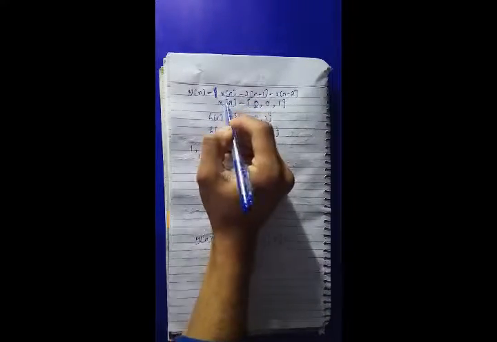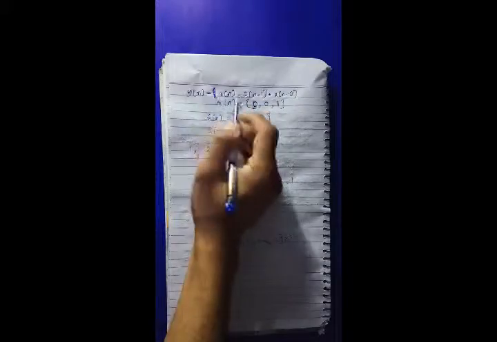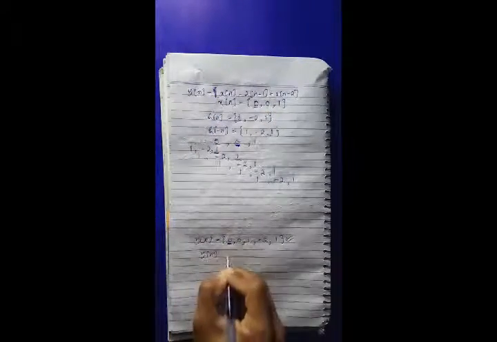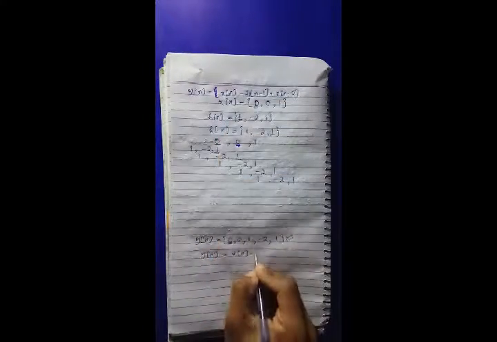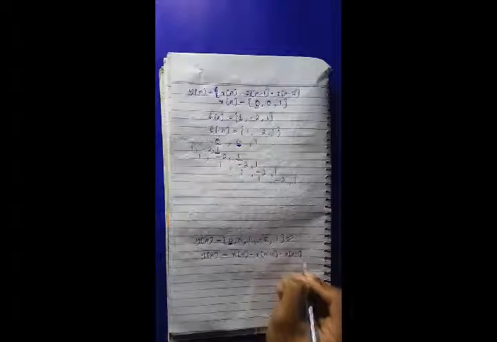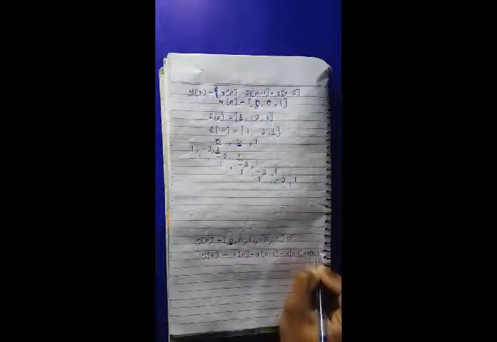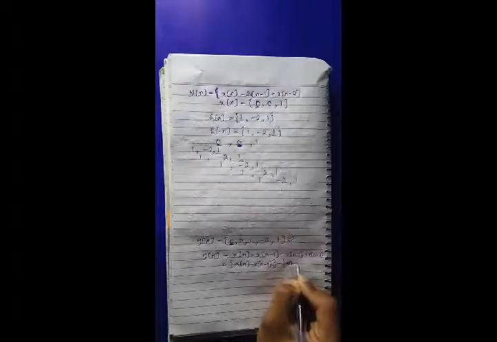The system we have involved in this example is not an ordinary system. If we write the system as y of n is equal to x of n minus 2 into x of n minus 1 plus x of n minus 2, and now write in this form x of n minus x of n minus 1, and taking the minus common from here we get x of n minus 1 minus x of n minus 2.